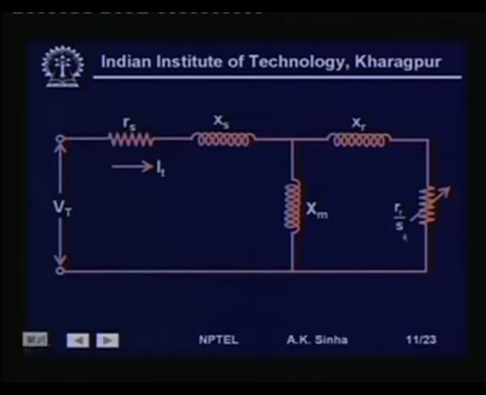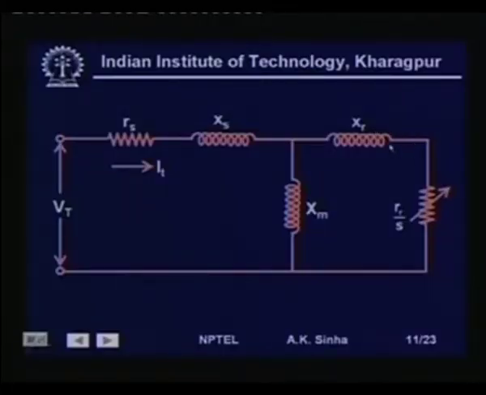Now, when S is equal to 0, this resistance is infinite, which means it is open circuit, and that simply says that no load can be served because no current will be flowing in this part of the circuit.